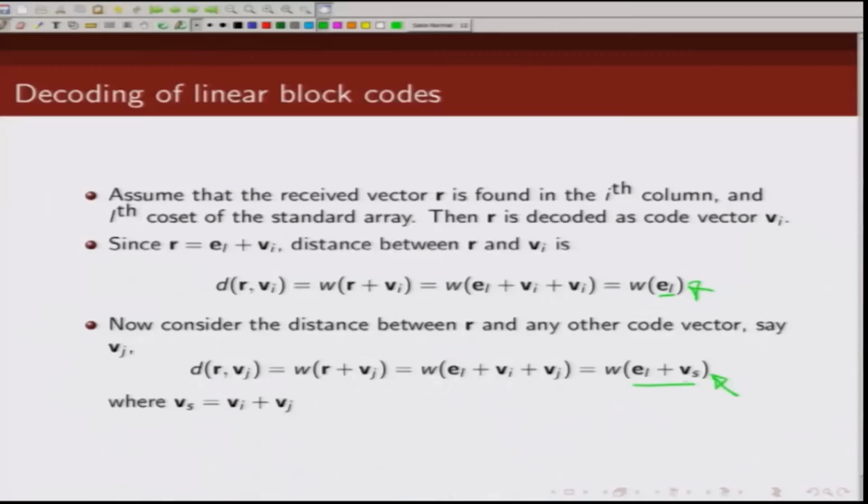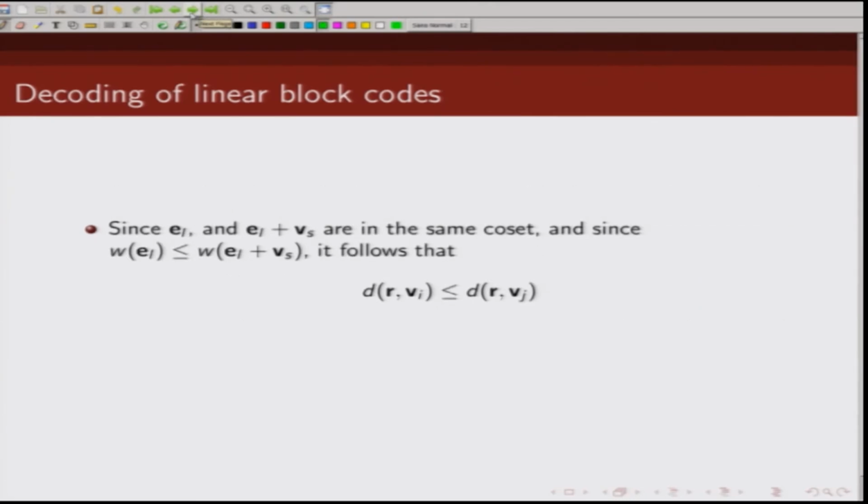And if we choose EL to be our coset leader, which has the minimum number of ones, then this would be less than this. So, our minimum distance decoding will decide in favor of Vi and not any other code word Vj.